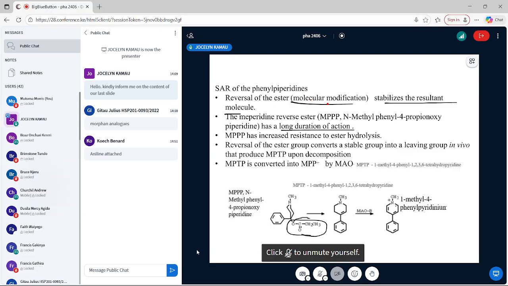This is a finding which was found. Reversal of the ester stabilizes the resultant molecule. So this molecule was found to be a little bit more stable in terms of metabolic stability. So that was found when the ester was reversed.